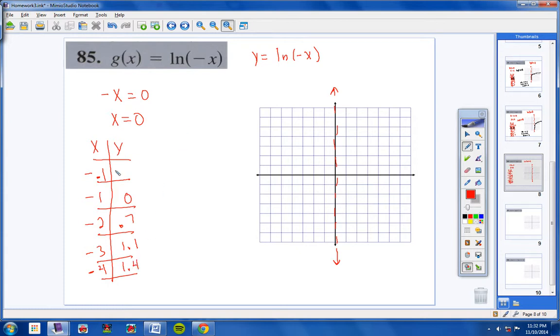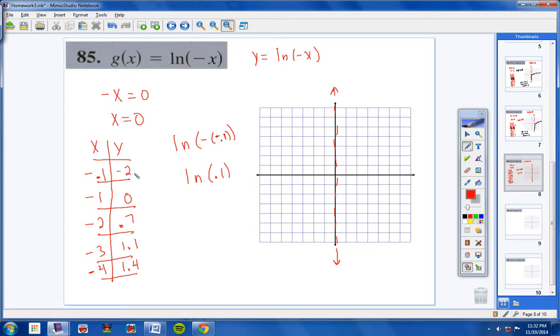Next, let's find out what this value right here would be. Let's go ahead and put negative 0.1 in for x. So natural log, negative 0.1 would give you the natural log of 0.1. Okay, so natural log of 0.1 would be negative 2.3.